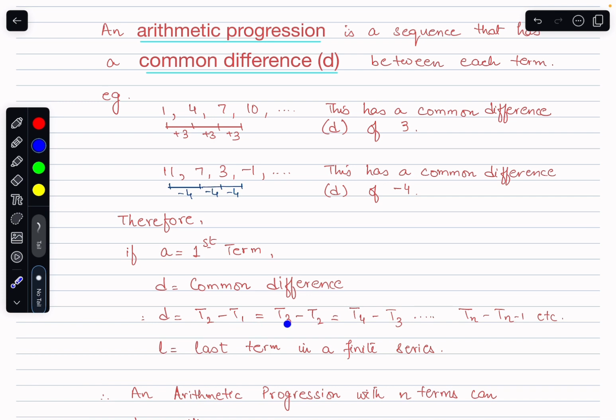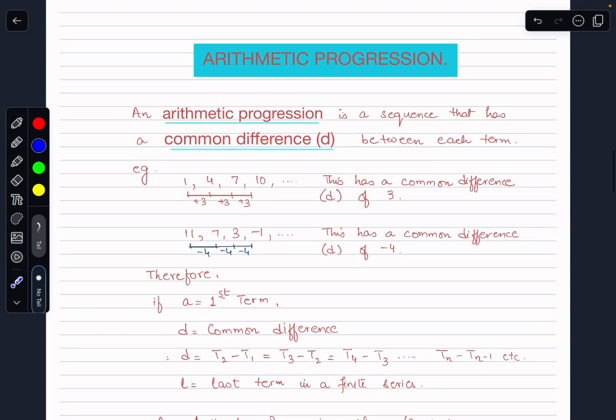It can also be T3 minus T2 or T4 minus T3, and so on, so that we can say it is Tn minus Tn minus 1, the difference between two consecutive numbers here. L is the last term in the finite series. If we have a finite series, then the last term in the sequence is denoted by L. So this is what our arithmetic progression is.